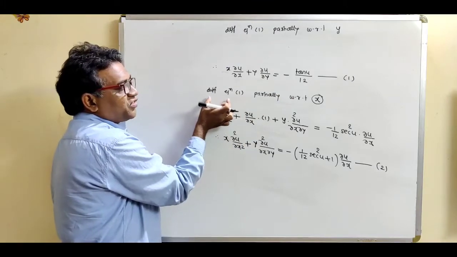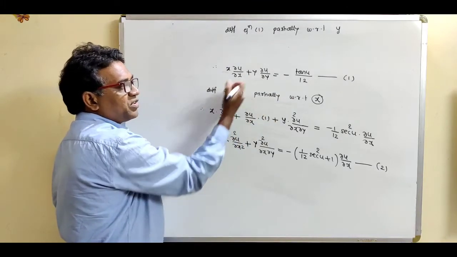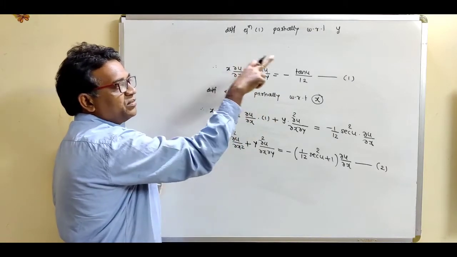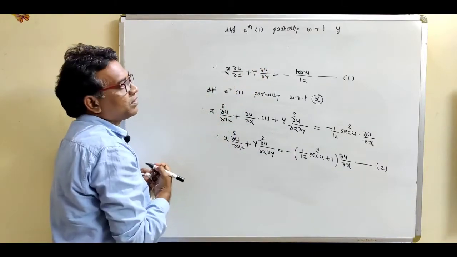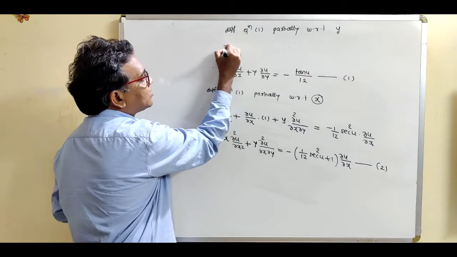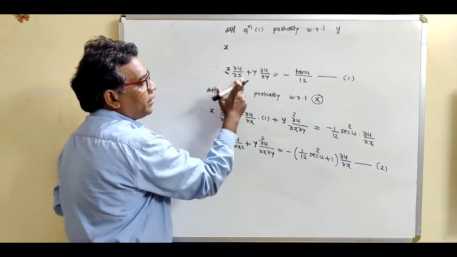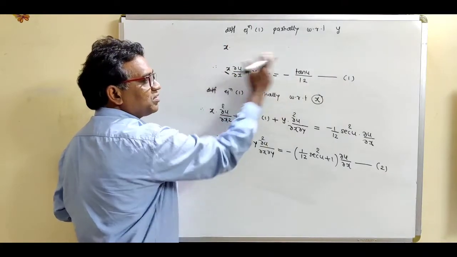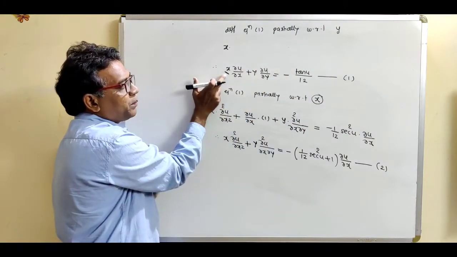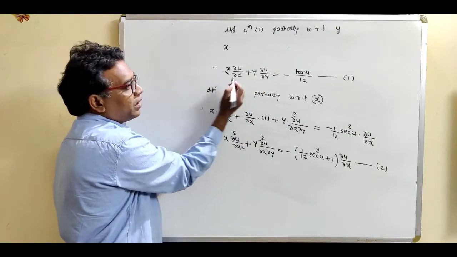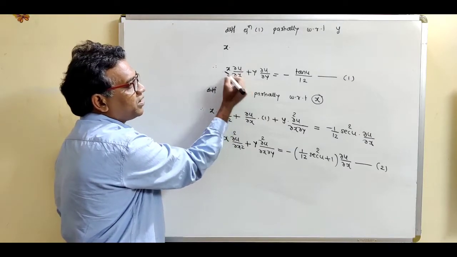Now differentiation of equation 1 partially with respect to y means we have to keep x as a constant variable. So x is a constant term. This is our equation 1, and partially with respect to y means we keep x as constant. Now this is not constant, this is a partial derivative.